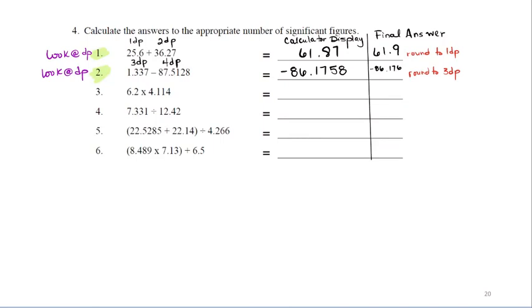Whenever the question is worded this way, all I want you to do is apply the rules for mathematical operations for significant figures. Based on what I showed you, if you're adding or subtracting, decimal places is what determines your final answer with the correct number of sig figs.